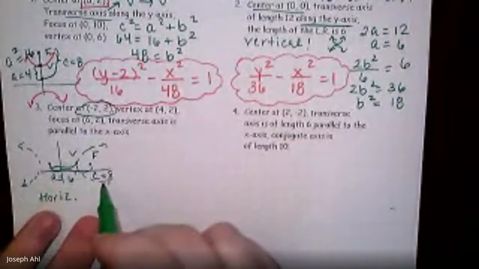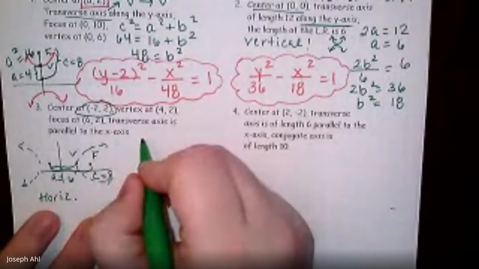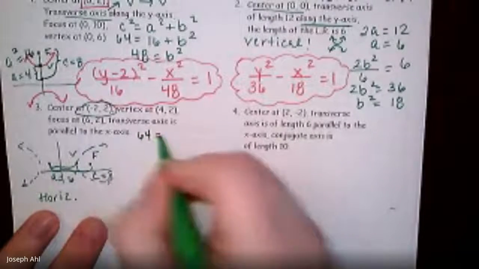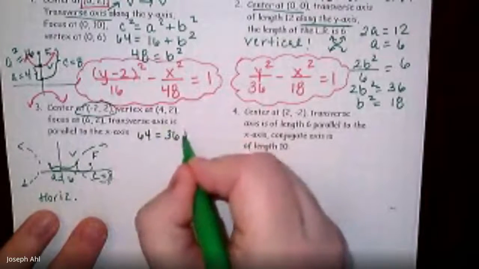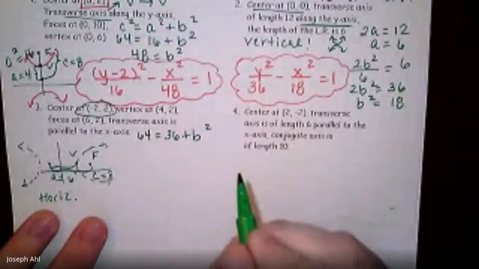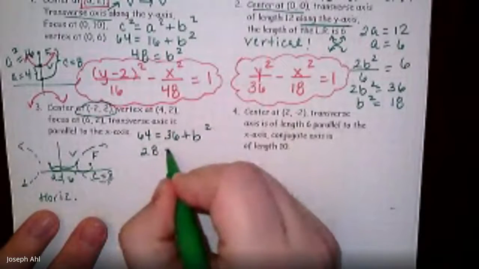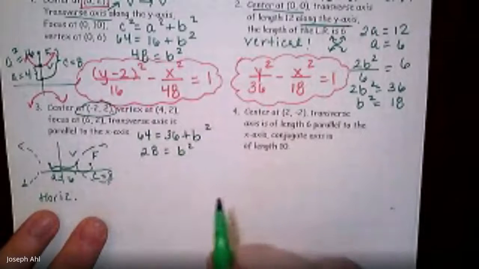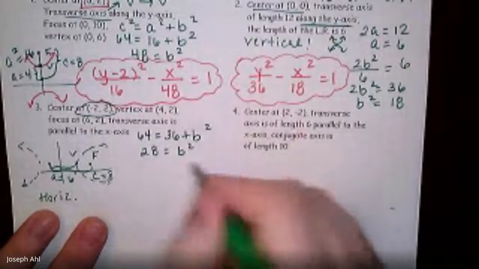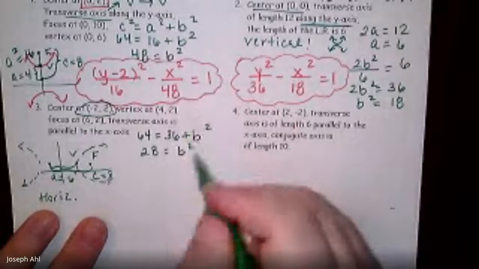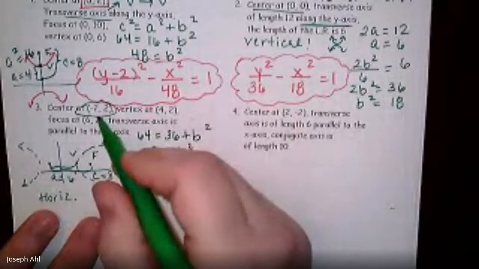All right, so what am I going to do this time? I'm going to do c squared equals a squared plus b squared. So 64 would equal 36 plus b squared. If I subtract the 36 over, that should be 28 equals b squared. And we don't have to go any further with that, right? We know b squared, we know a squared, and we know it's horizontal.